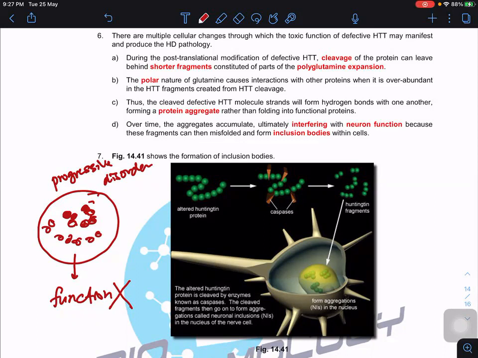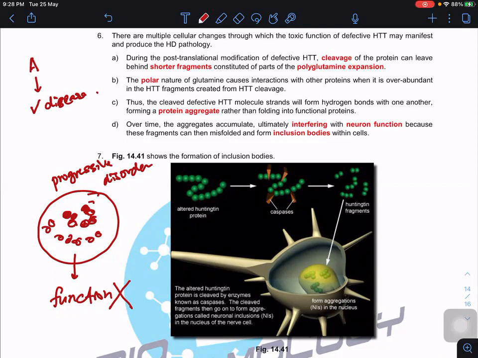As I said, one copy of the allele can cause the disease already. So this is the scary part of Huntington disease, because it's an autosomal dominant disorder.